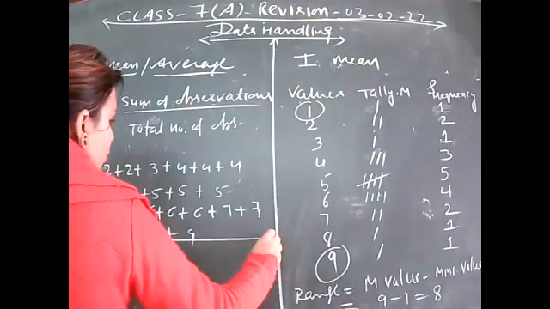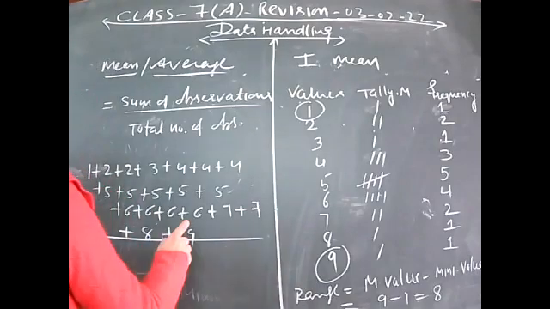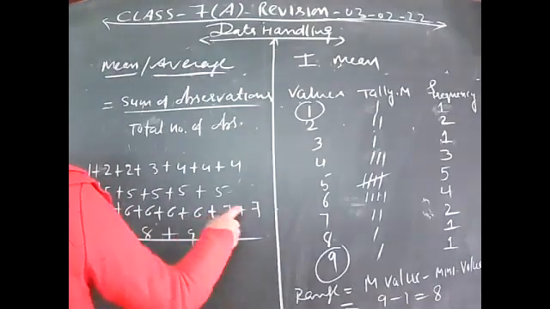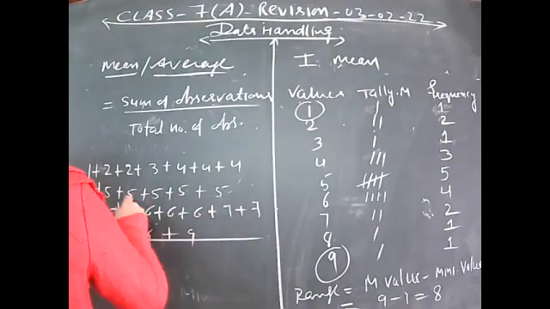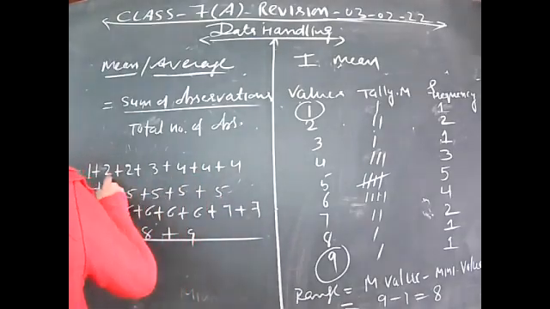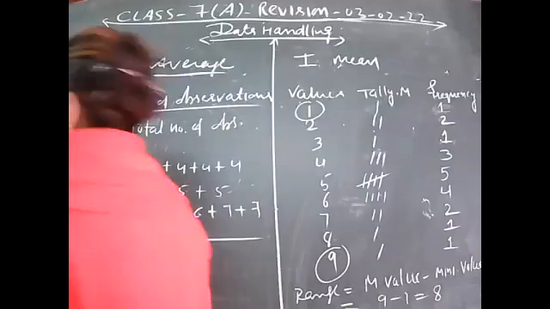Sum of all observation over total number of observations, कितनी है ये? 1 2 3 4 5 6 7 8 9 10 11 12 13 14 15 16 17 18 19 20, divided by 20.